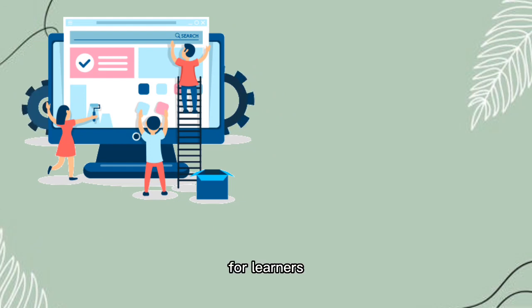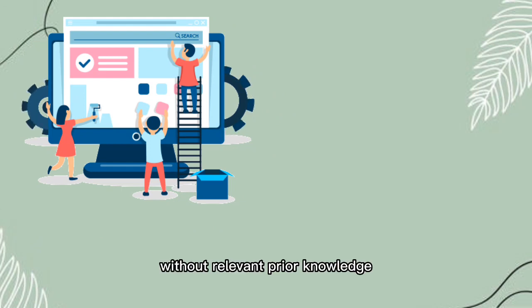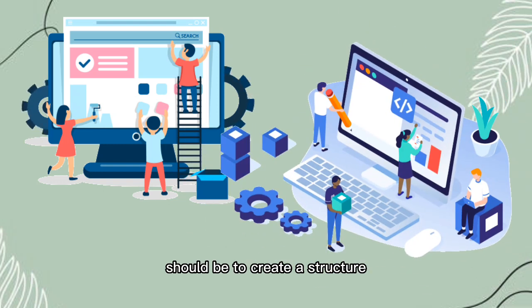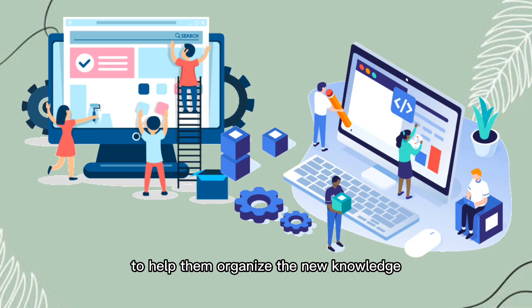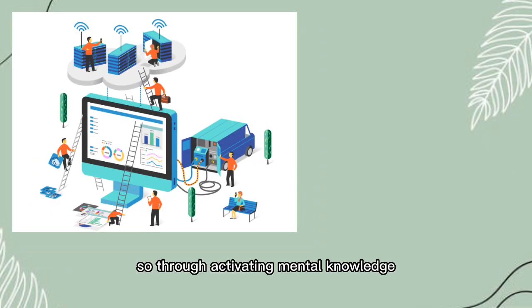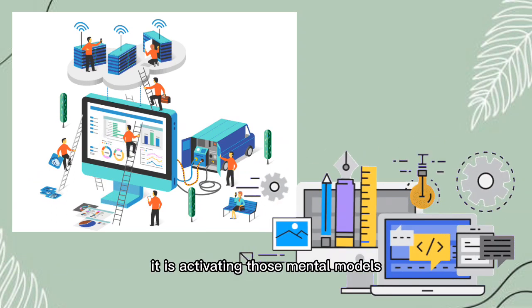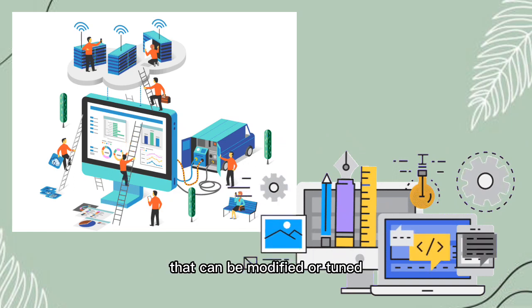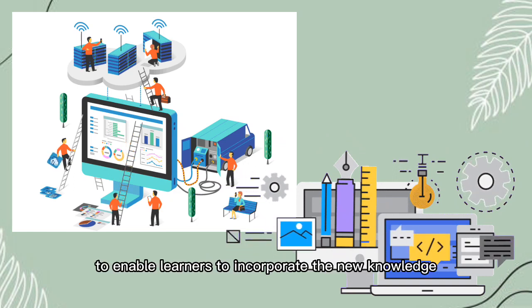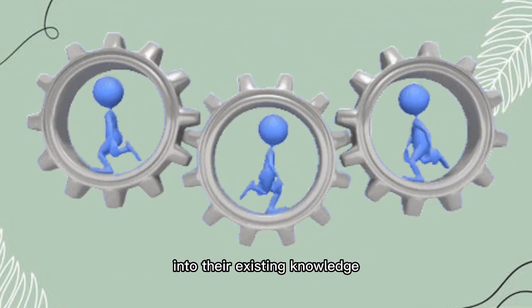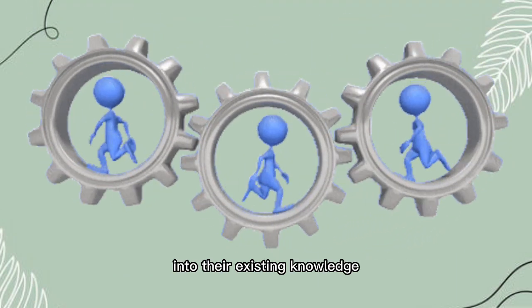For learners without relevant prior knowledge, the first phase of learning should be to create a structure to help them organize the new knowledge. So, through activating mental knowledge, it is activating those mental models that can be modified or tuned to enable learners to incorporate the new knowledge into their existing knowledge.